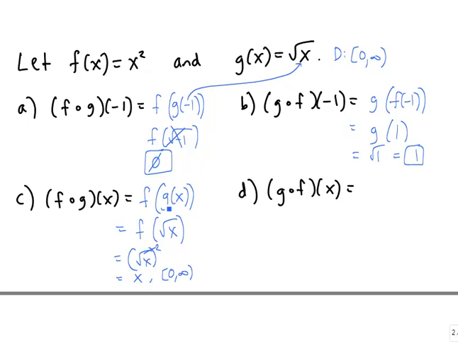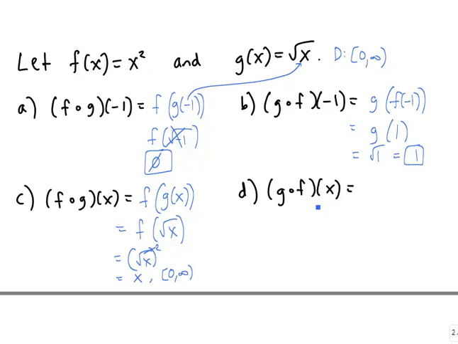So sometimes with these compositions you have to consider domain. Remember when we plugged -1 into f of g, it didn't exist. There was no solution because you were trying to take the square root of a negative. So that's what I'm trying to say here. This is only going to work for f composed with g as long as the x that you're using is a positive number or 0 to begin with.